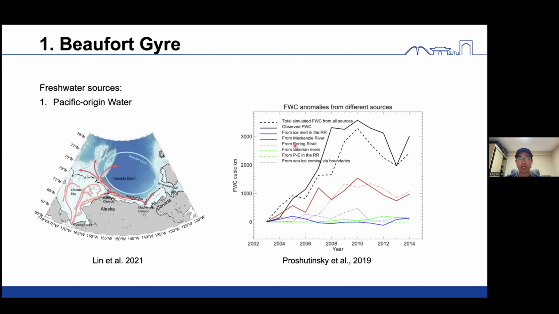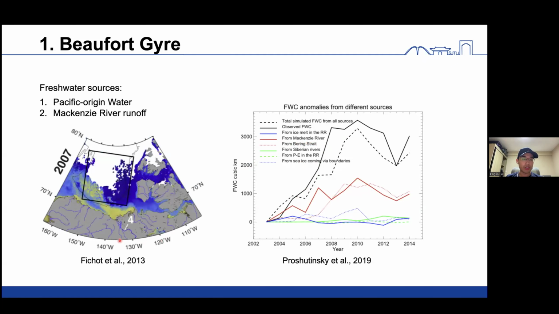And the other main source was the Mackenzie River, shown by the thick red curve here. And this is the evidence of the Mackenzie River outflow, or the runoff, I'm sorry, and discharge.